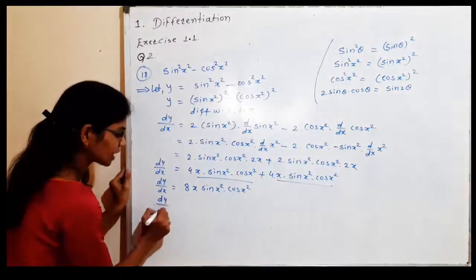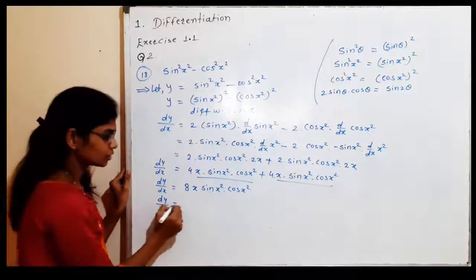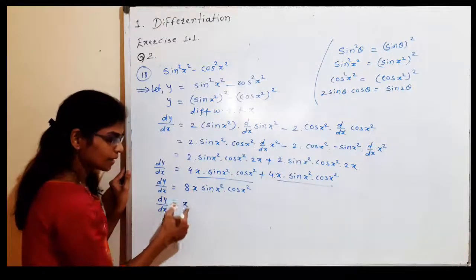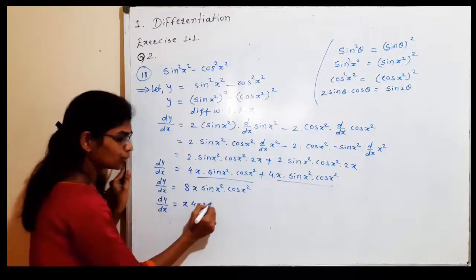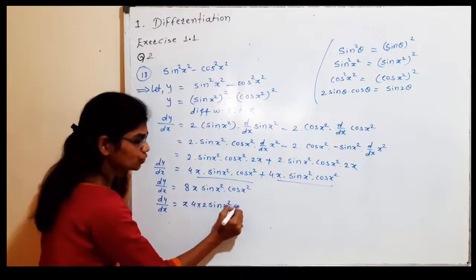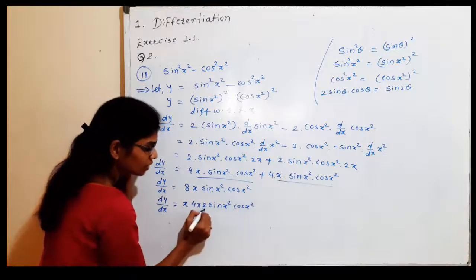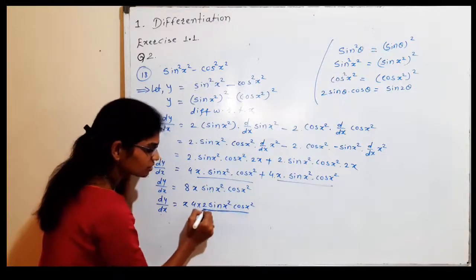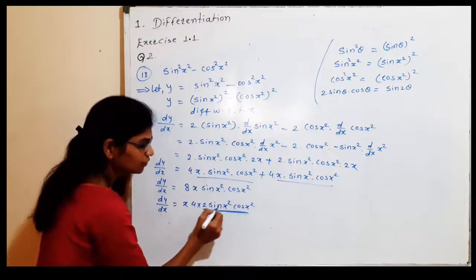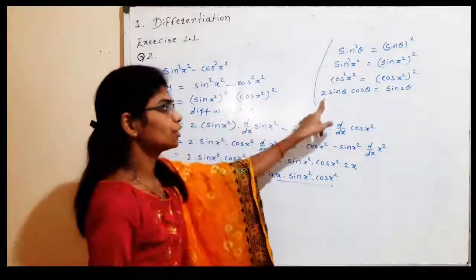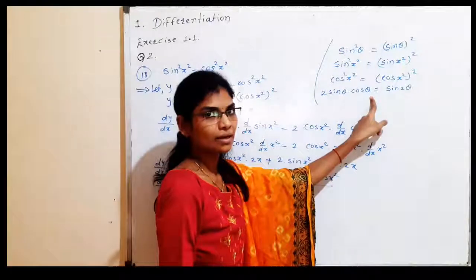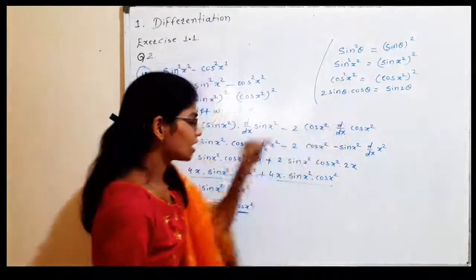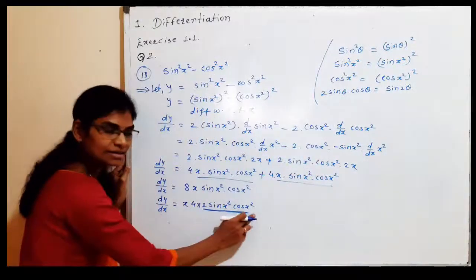So at the next step we can write dy by dx is equal to x as it is, multiply by 4, multiply by 2 into sin of x square into cos of x square. This is the term which is in the form of 2 into sin theta into cos theta. Here the value of theta we consider as x square.